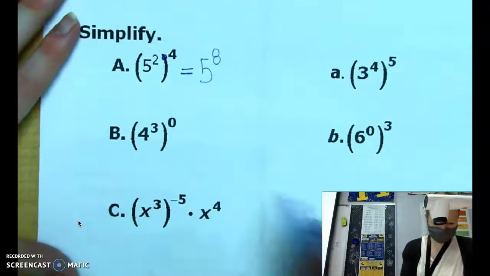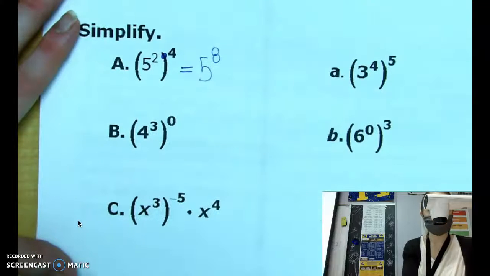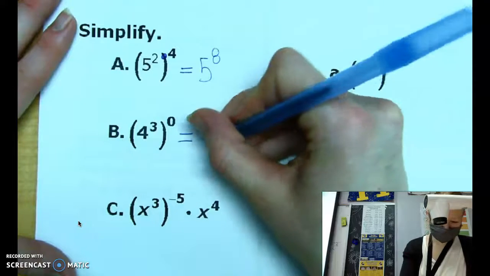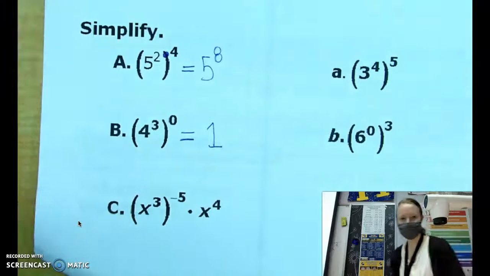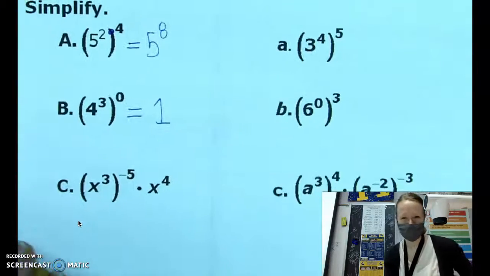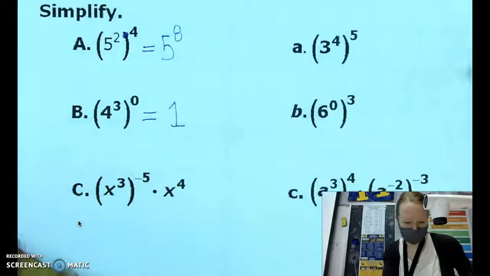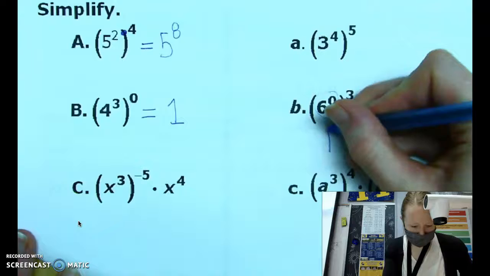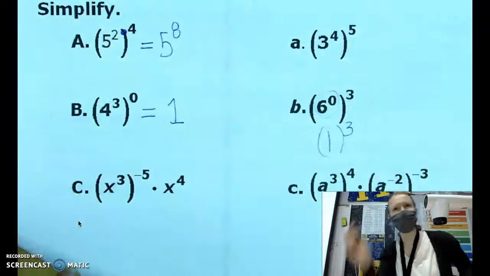Okay. 4 to the 3rd power to the 0th power. Why is that? Beautiful. Anything with the 0 exponent is 1. So if we're looking at question B here, 6 to the 0th power is 1. What's 1 cubed?